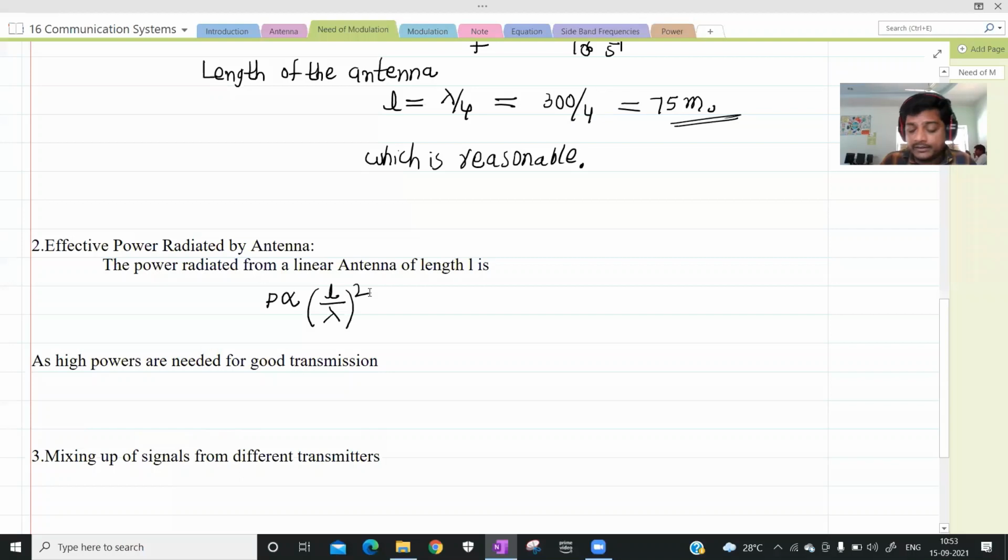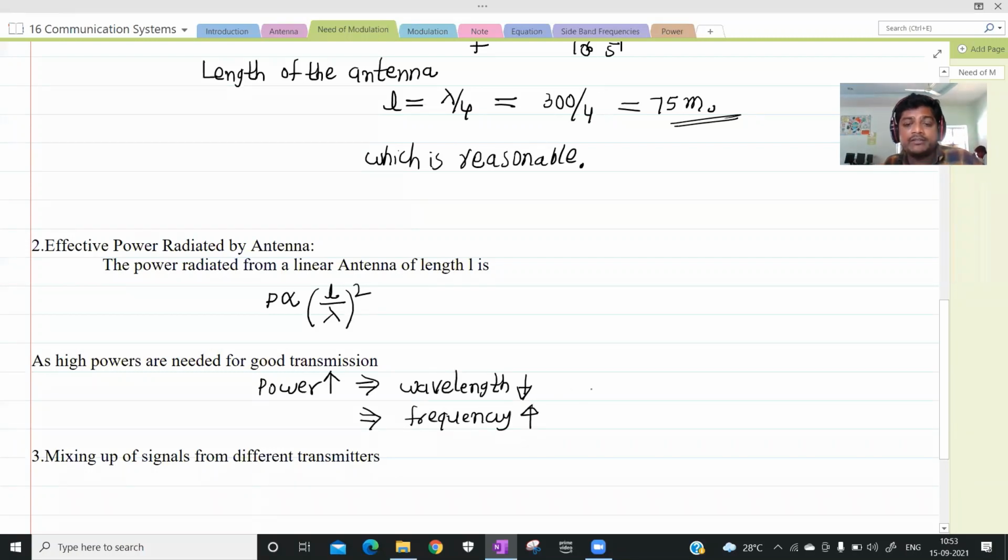For the power to be high, from this expression the wavelength should be very small. Wavelength should be small means we require high frequency waves.